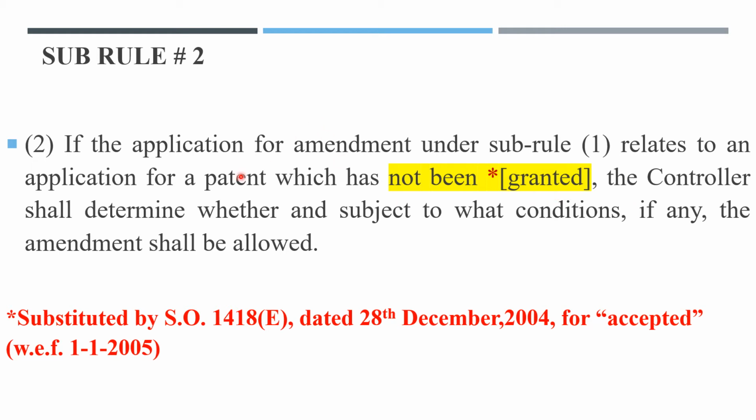So again, just take a look here. Now, if the application for amendment under subrule 1, that we have just now discussed, relates to an application for a patent which has not been granted, the situation is like this, right?